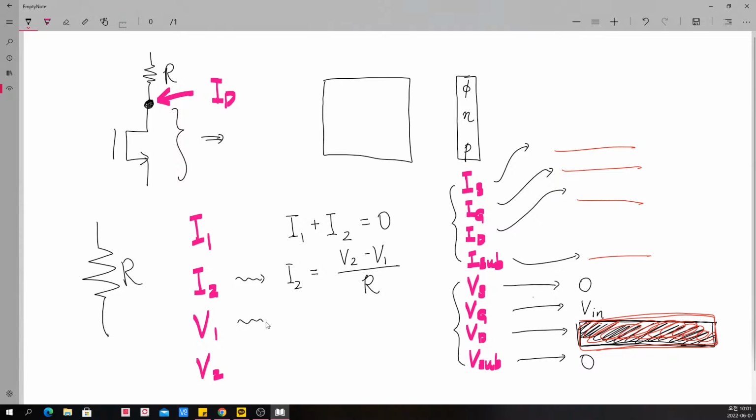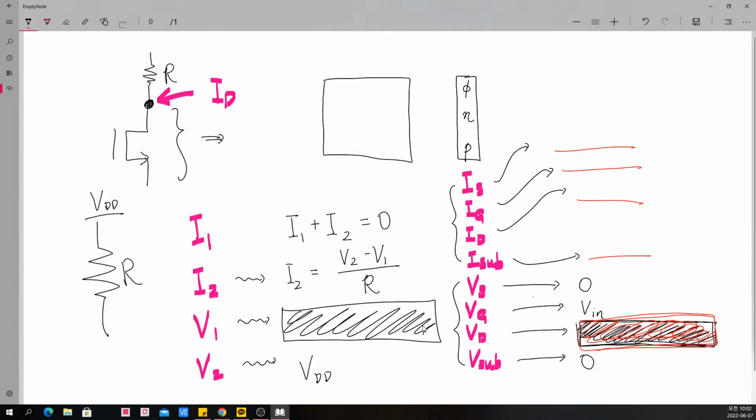So V1 and V2. In this case, let's say that our second terminal of the resistor is connected to VDD. Then we can say that, okay, this is VDD. And we know that now we have still one specific case where the first terminal is not directly connected to a voltage source. So its value is not well known.